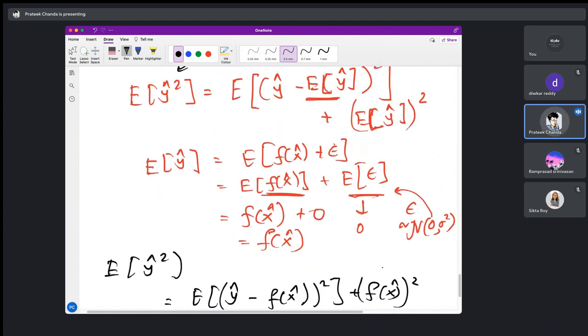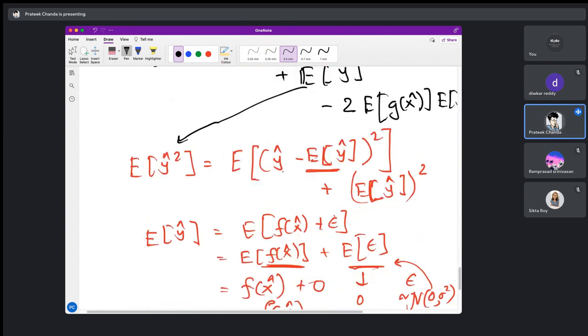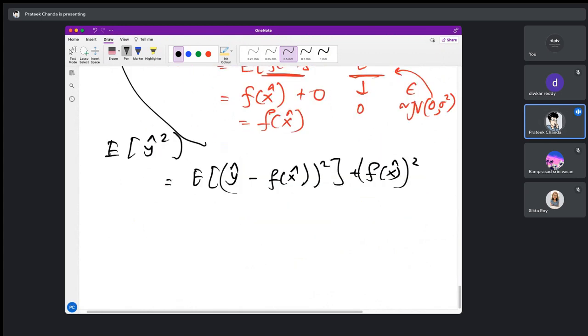And now if I go back and replace it above, I'm writing the final expression here so that it's easy to check.